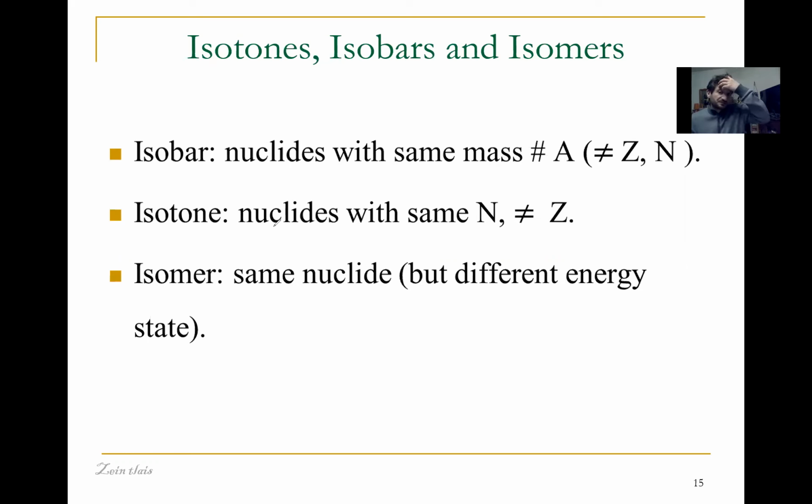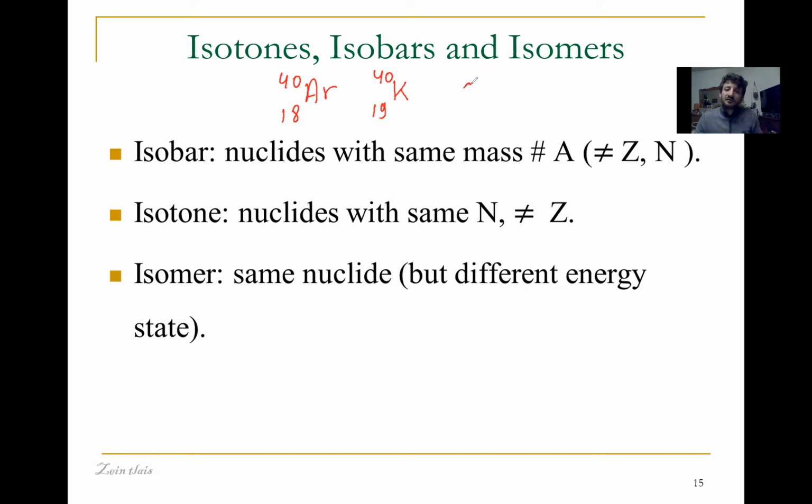In this case, for example, I give you an example of many atoms. For example, the argon, Ar, has 40 mass number, and we have 18 atomic number, protons. We have the potassium, with 40 mass number, and we have 19 protons.